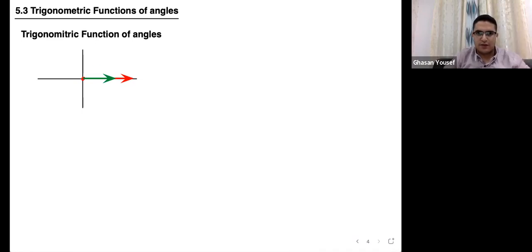Here we have to know the angle measure is 0 degrees. For the second one, okay, so here is my initial side again.